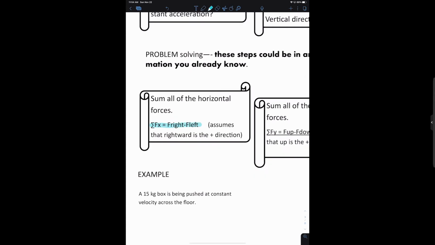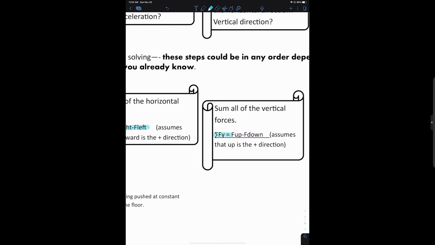That assumes that rightward is the positive direction. Then you're going to sum all of the vertical forces, and do the same thing, where the net force in the y direction equals the up minus the down. Again, this assumes that up is your positive direction.